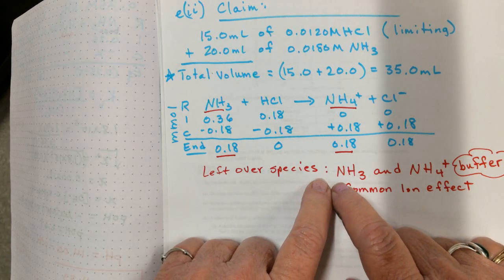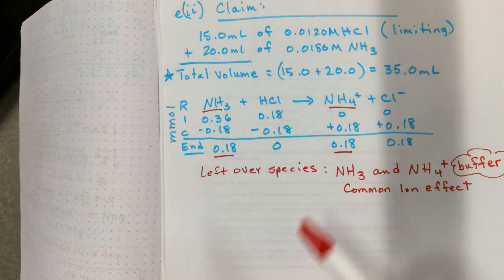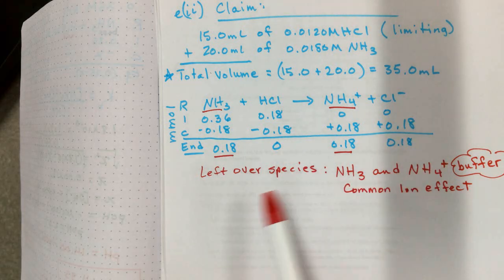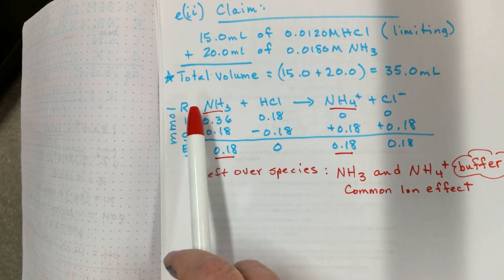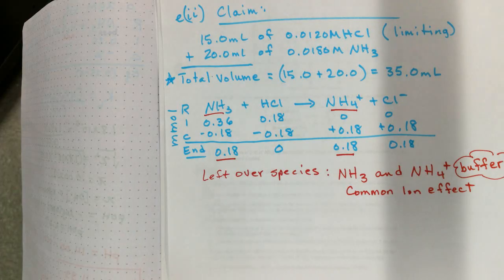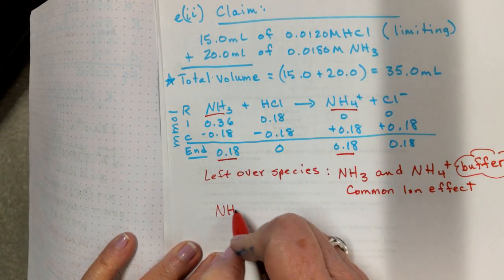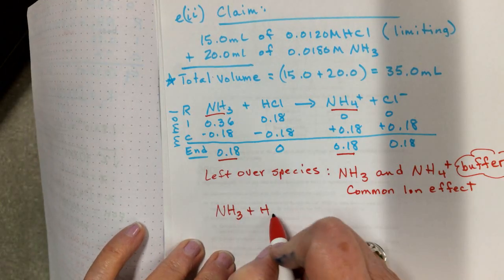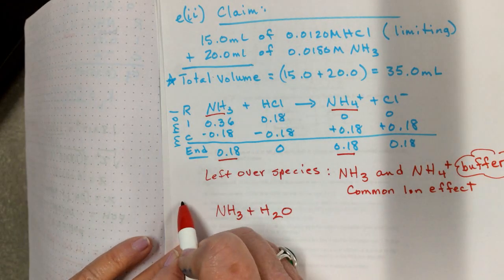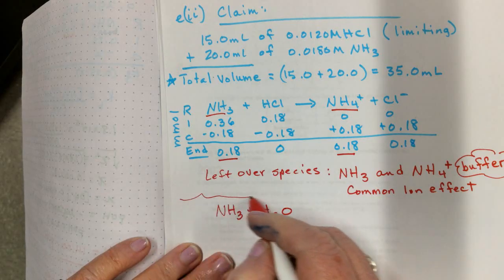You always write the equilibrium not from the salt, but from the leftover weak base. So we have this equilibrium. Now we're in equilibrium. We've totally changed.